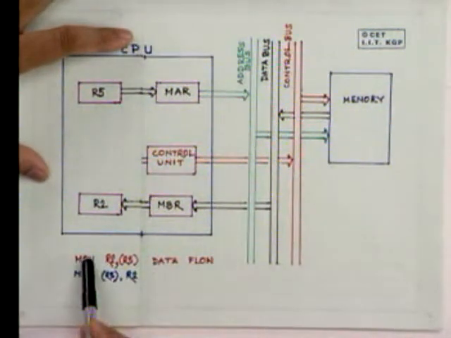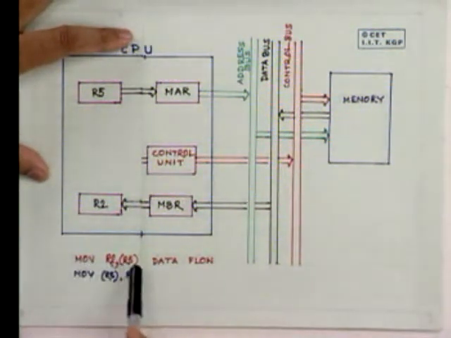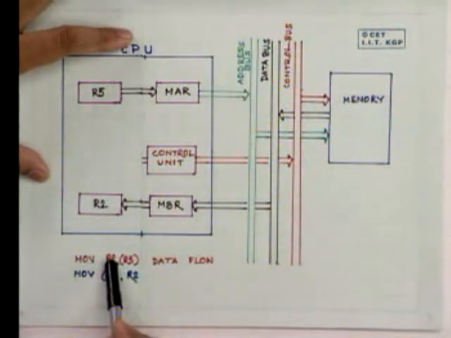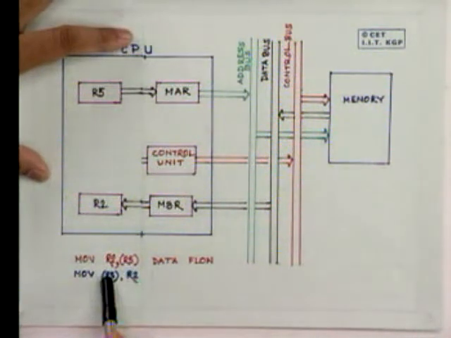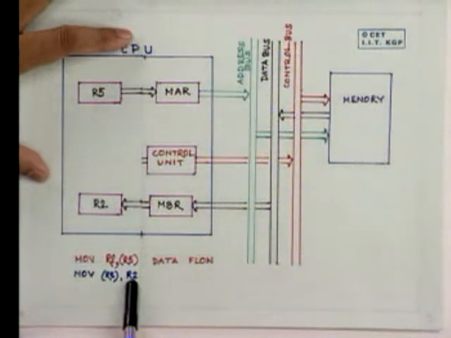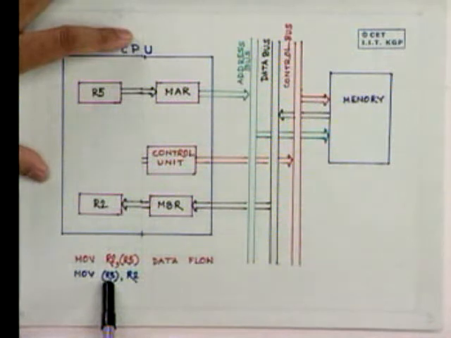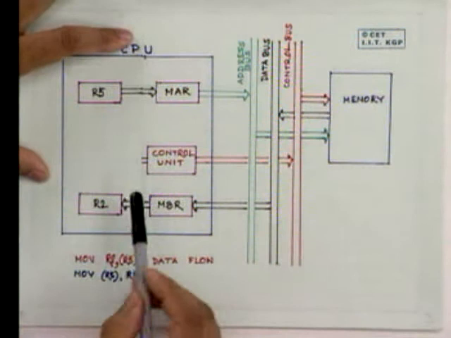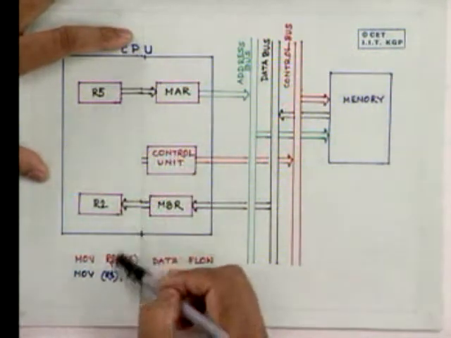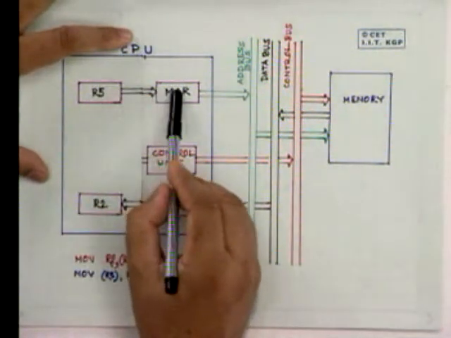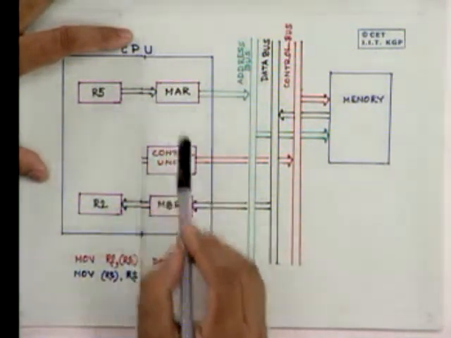Now, if instead of the operation being move indirect R5 to R2, the operation is move R2 to indirect R5, it means that the content of R2 should be written into the memory location pointed to by R5. In that case, the steps would go this way: R5 content should once more be put into the memory address register.